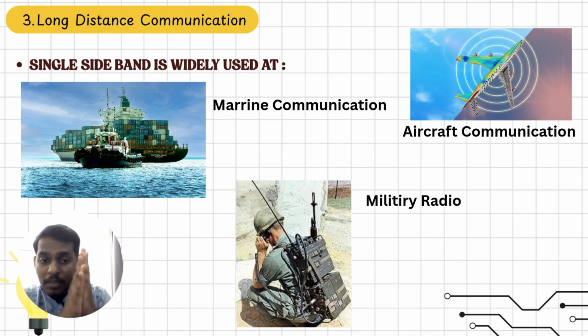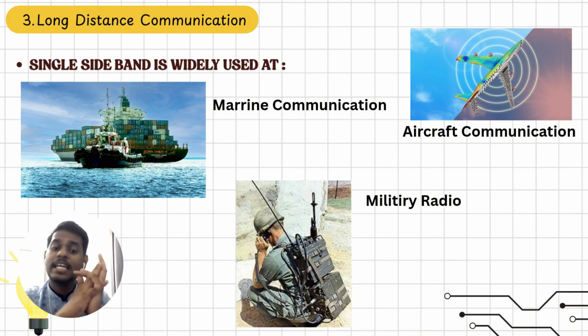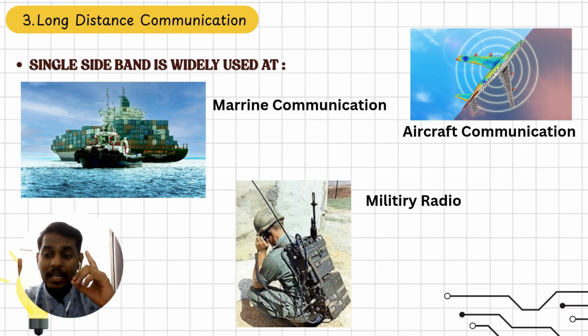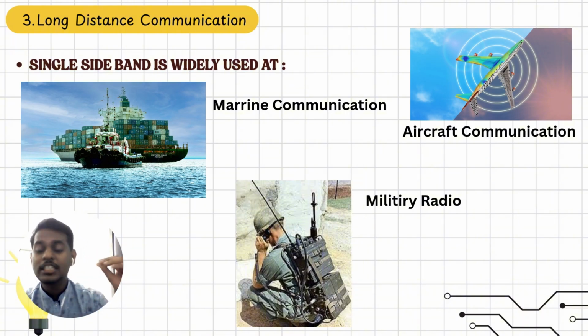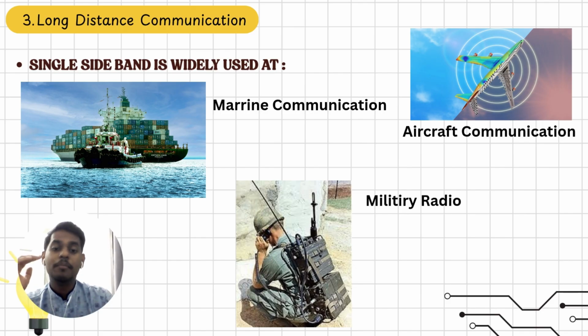The transmitter power can be exactly the same for AM and SSB, but in conventional AM, much of the power is wasted because it does not carry any information. In SSB, almost all of the available power is used to transmit information. Because more useful signal reaches the receiver, the communication range is improved.